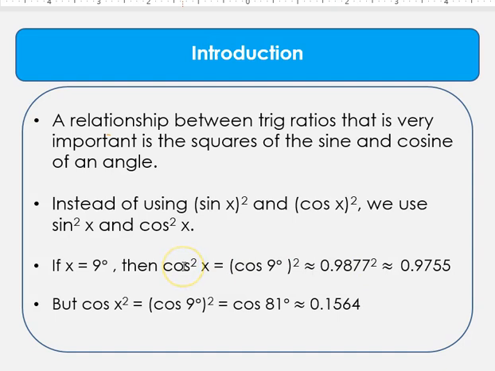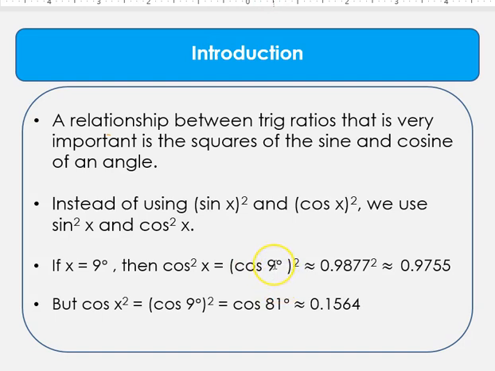So what you want to do with your calculator is figure out what order you'll use to get this answer, 0.9755. I take 9 degrees, hit the cosine button, and then multiply by 9 degrees cosine again.